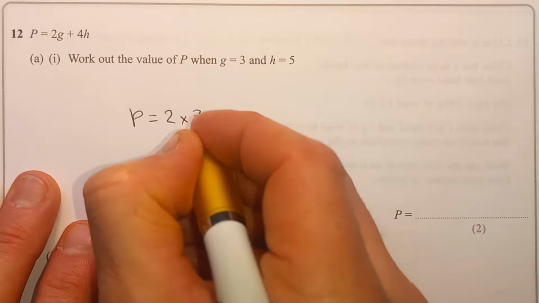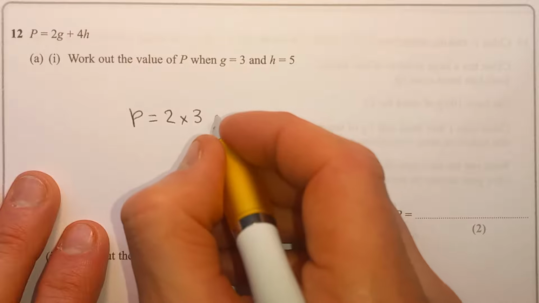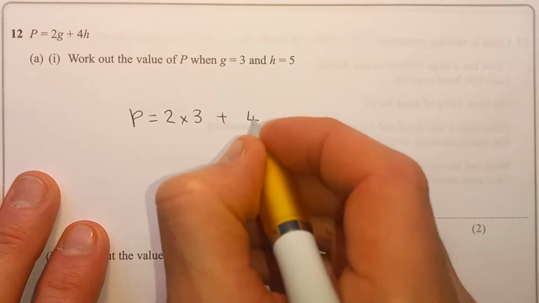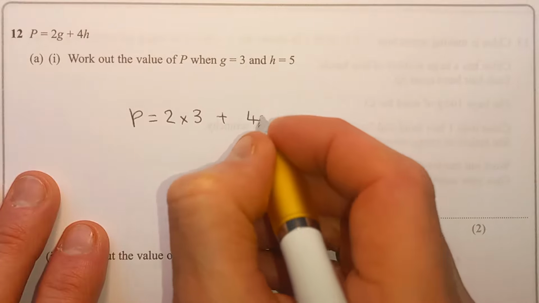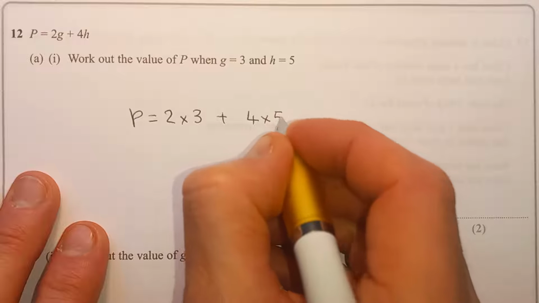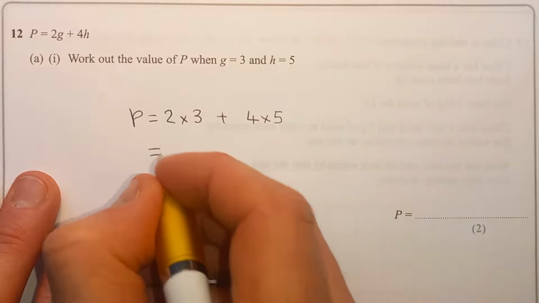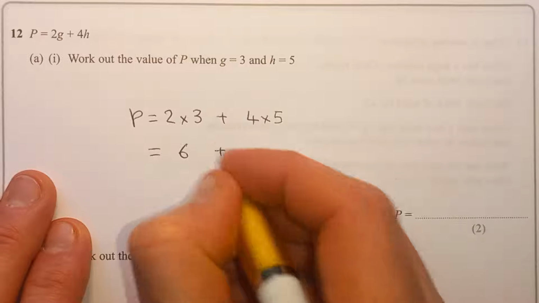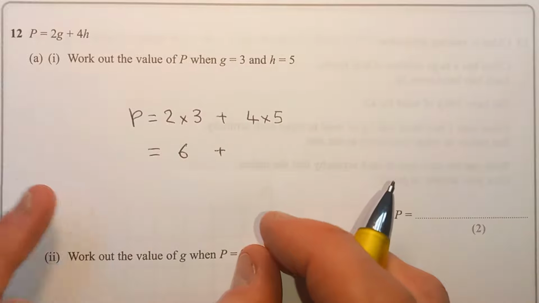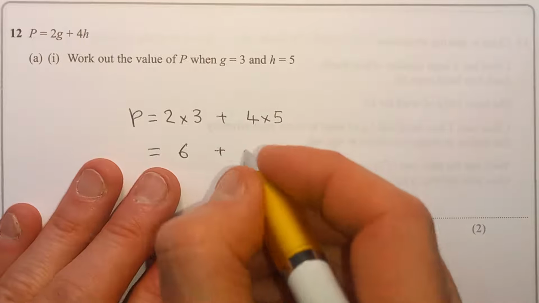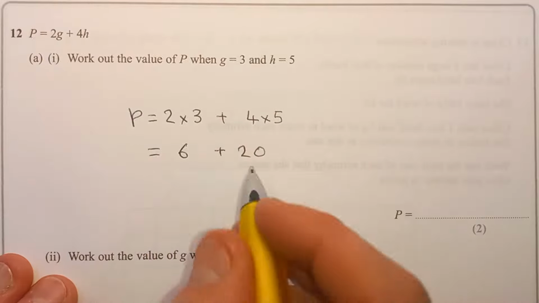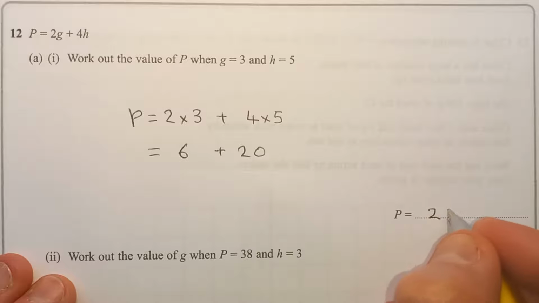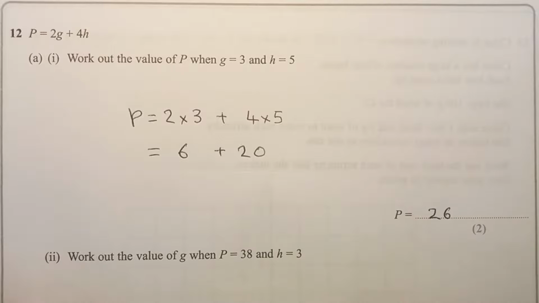So G is now 3, so we've got 2 times 3, plus 4, and instead of H, we've got 5. But remember, it's 4 times 5. Well, 2 times 3 is 6, and 4 times 5, 5, 10, 15, 20. So 6 plus 20, we're going to have 26.